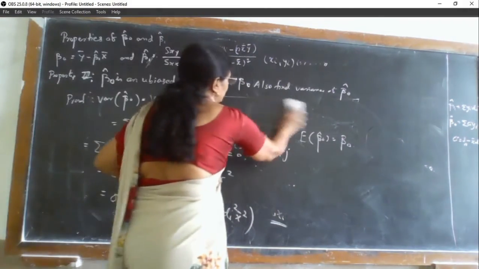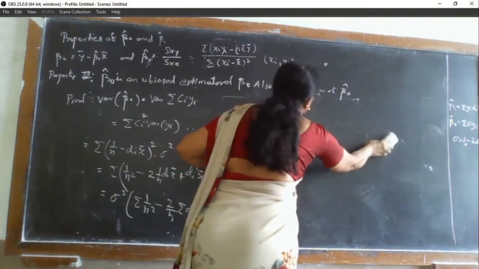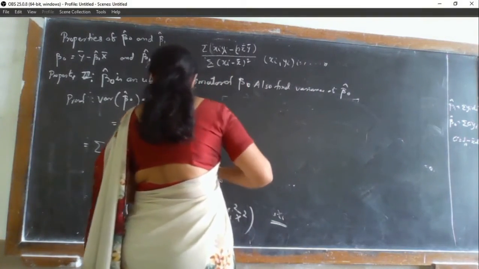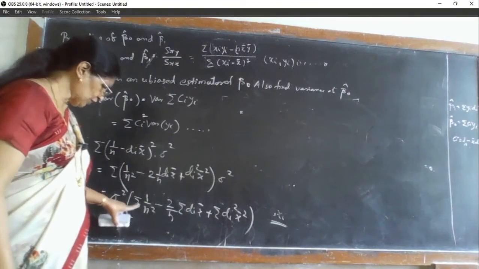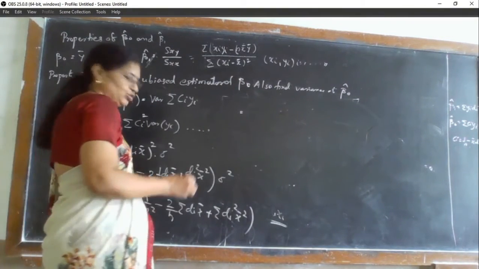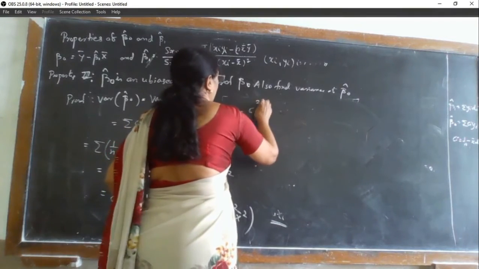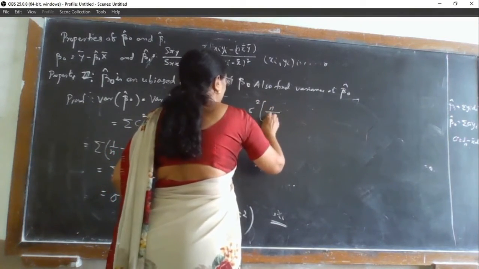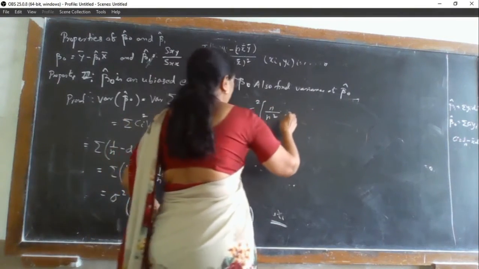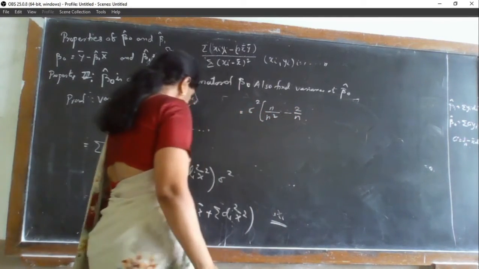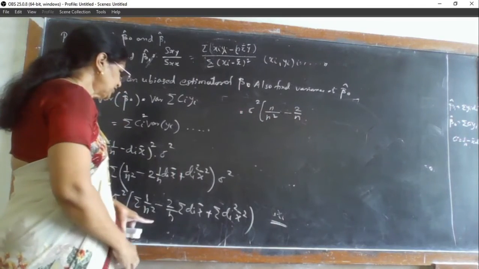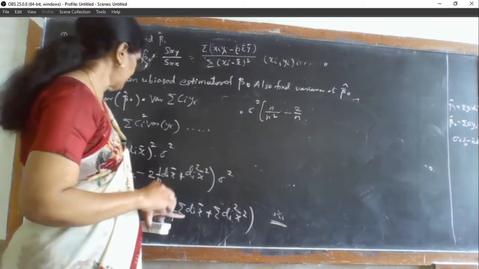So this will be equal to, now can you see, so you are adding 1 upon n square for n times, so this is n upon n square, so it is sigma square, so n upon n square minus 2 upon n. Now what is summation of di into x bar?